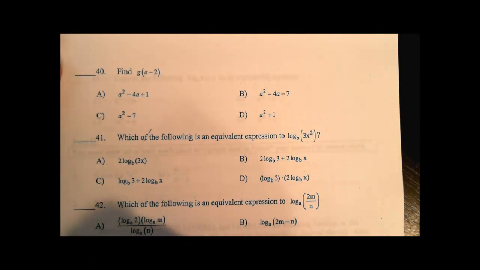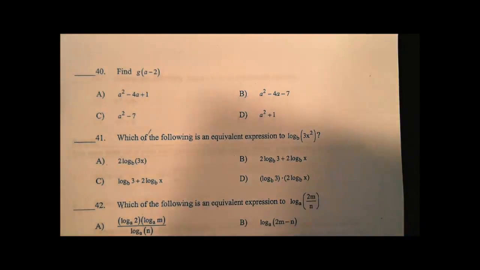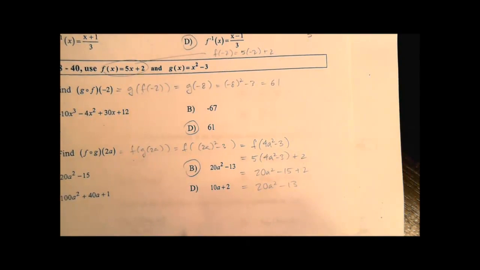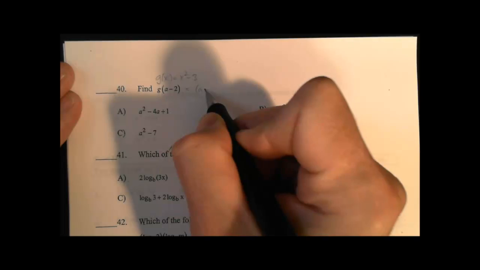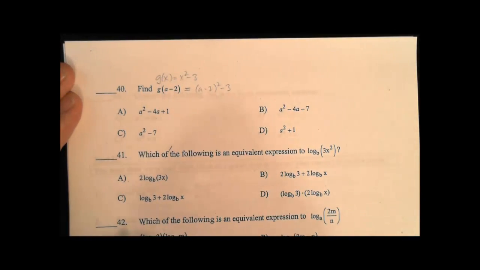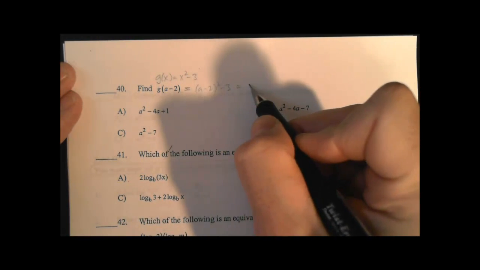Next one. Same function before. I'll bring it back. G was x squared minus 3. So g of x was x squared minus 3. So we're asked to find g of a minus 2, and we know that's a minus 2 squared minus 3, and you can see the answers here have been simplified, so we'll go ahead and simplify this.